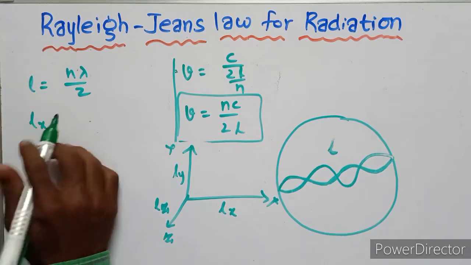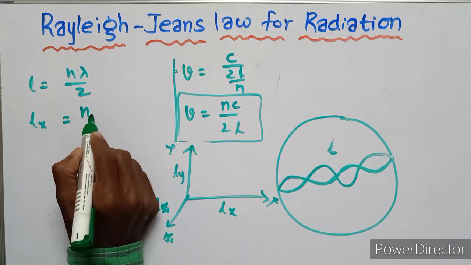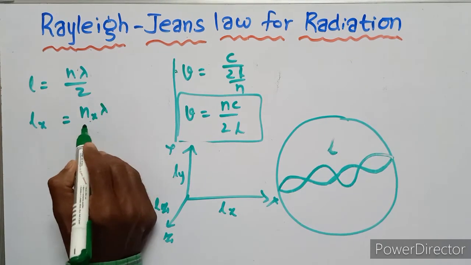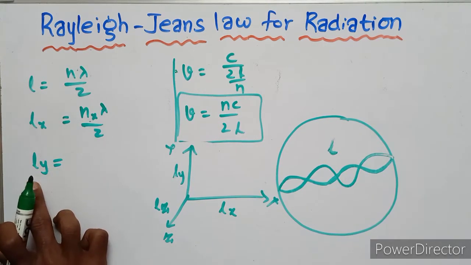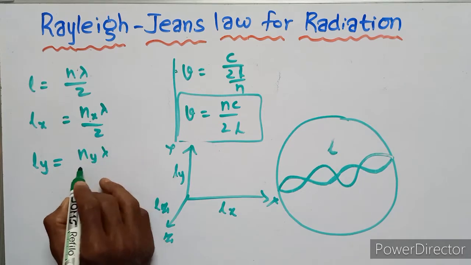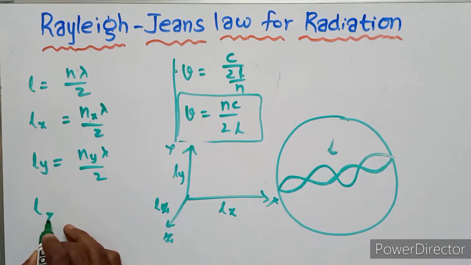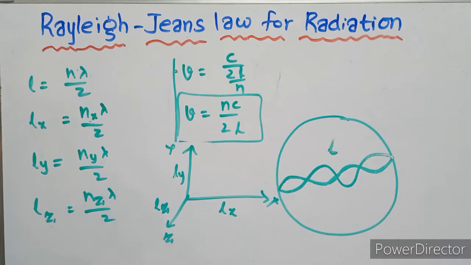So Lx equals nx lambda upon 2. Similarly Ly equals ny lambda upon 2, and Lz equals nz lambda upon 2. These three are the lengths along the x-axis, y-axis and z-axis.